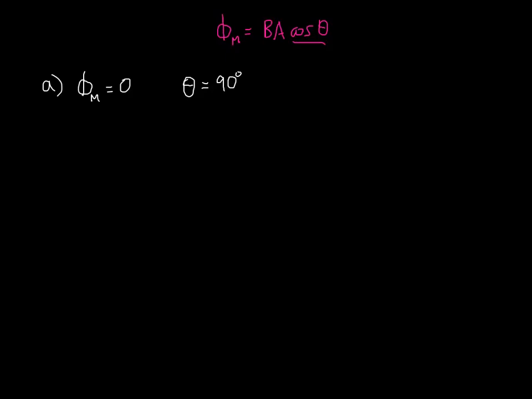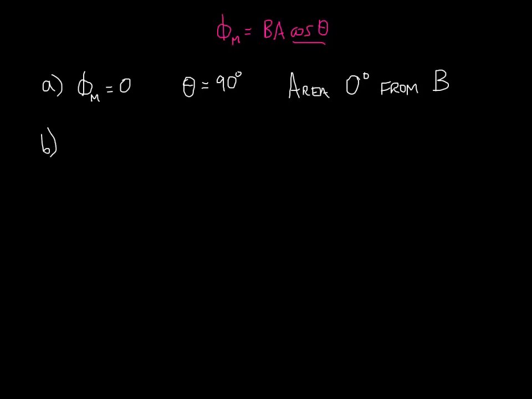But keep in mind that theta is the angle between the normal and the magnetic field. And the normal is perpendicular to the area, which means that the area of the loop itself should be 0 degrees from the magnetic field, which is the B.